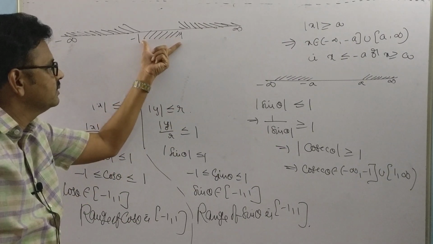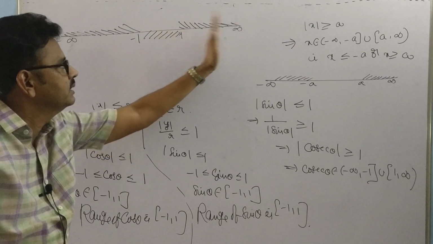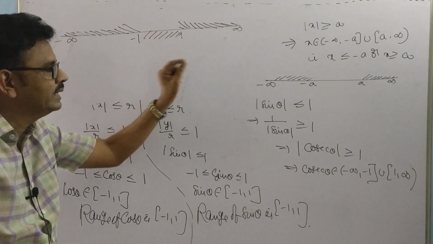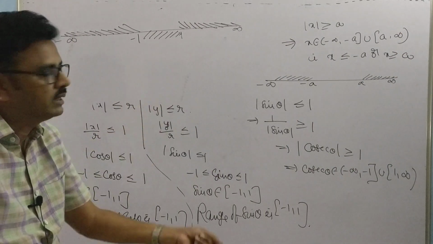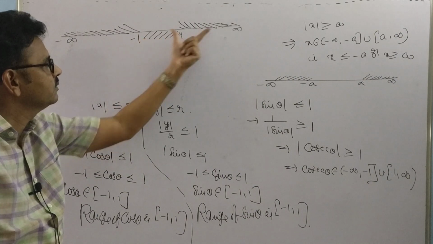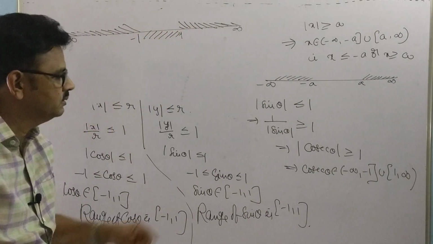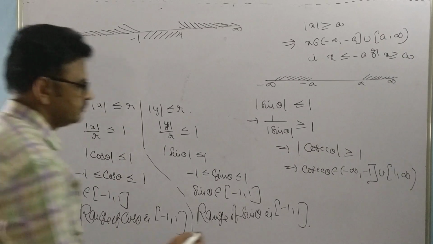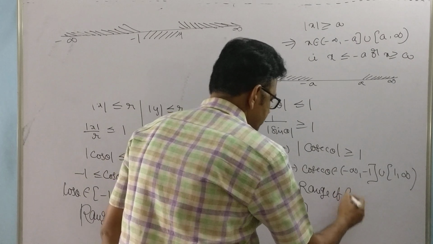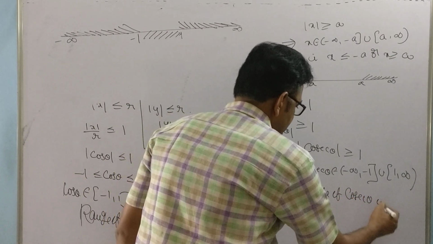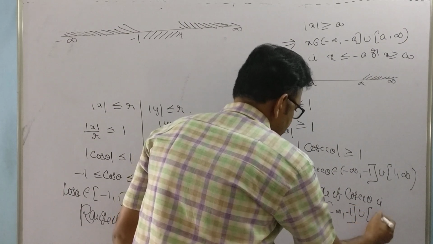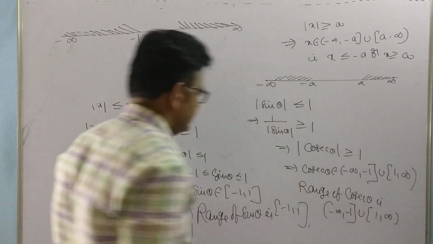Sine range is minus 1 to 1, cosecant range is except these, including minus 1 and 1, because sine 90 is 1 and cosecant 90 is also 1. So the range of cosecant theta is minus infinity comma minus 1 union 1 comma infinity.